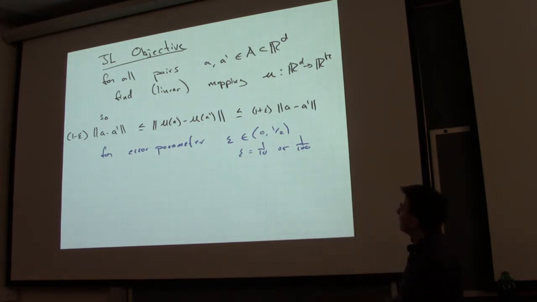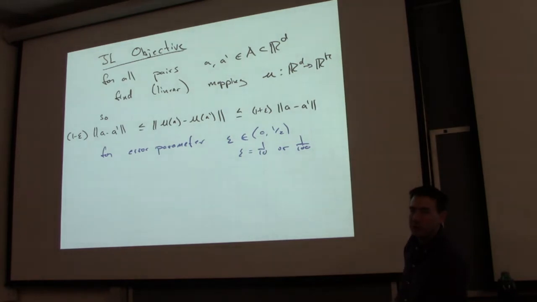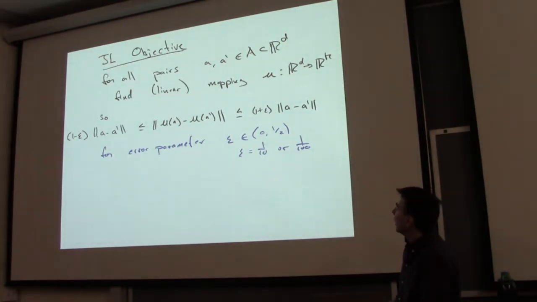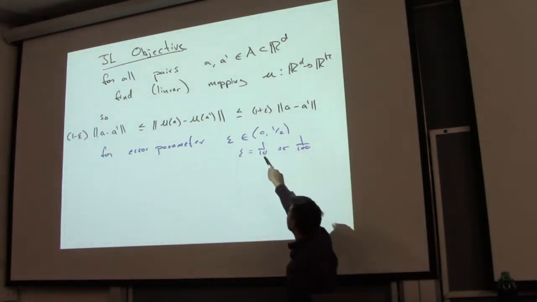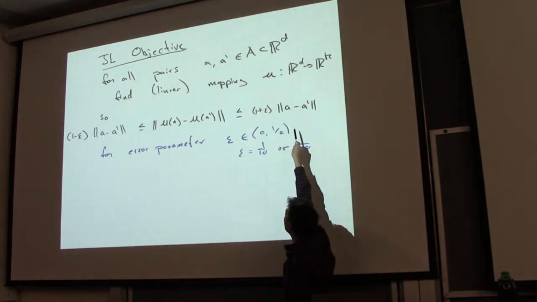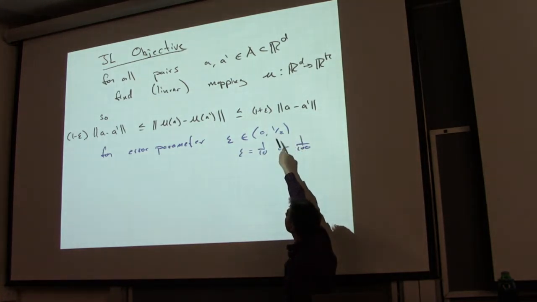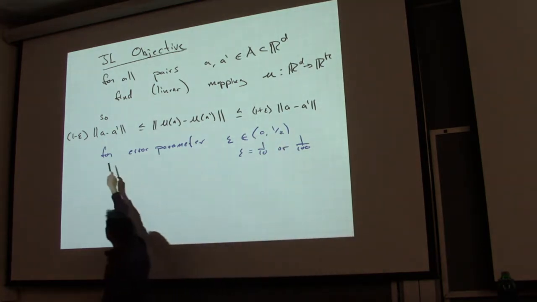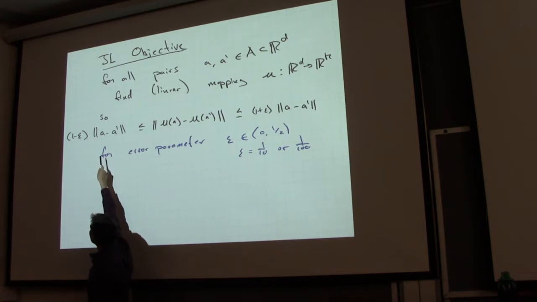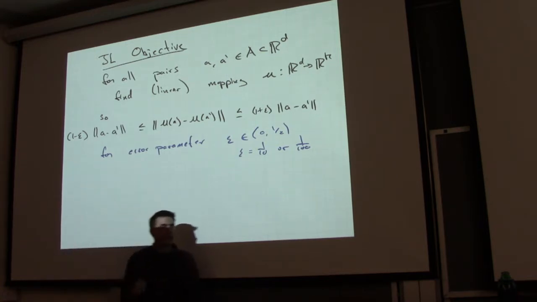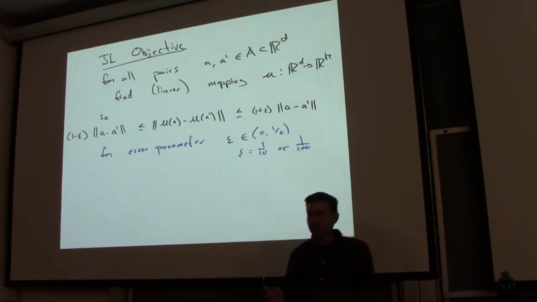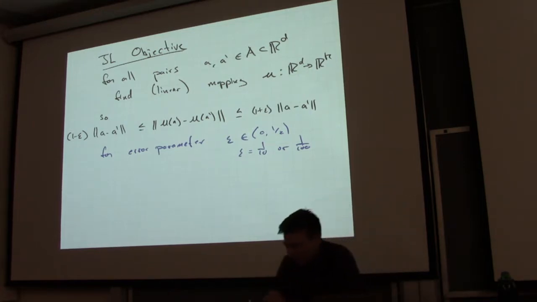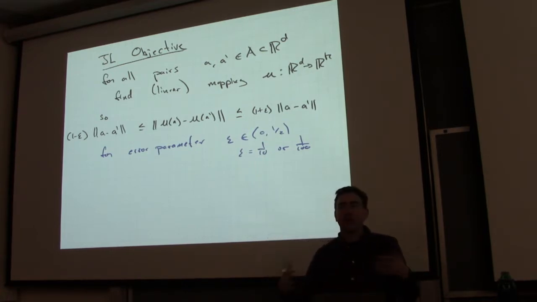Then, if I have 10% error, I know the new distance will be between 18 and 22.